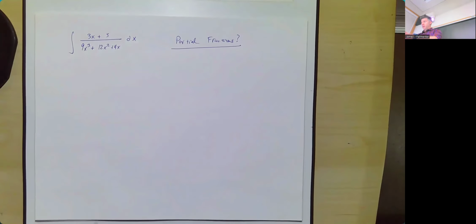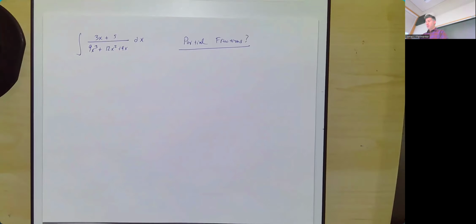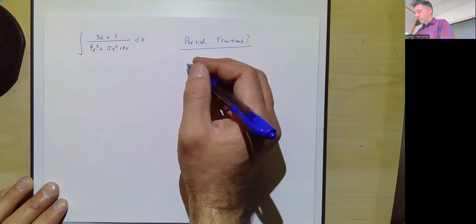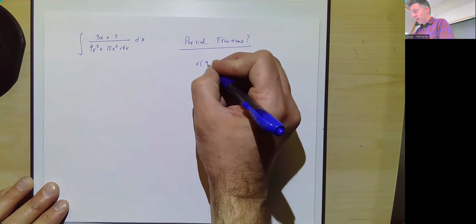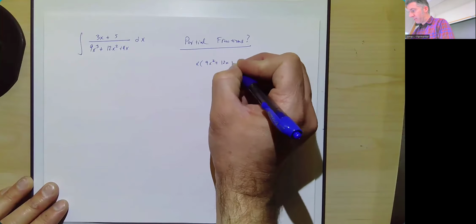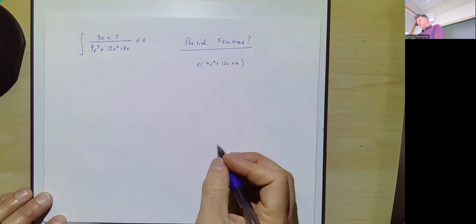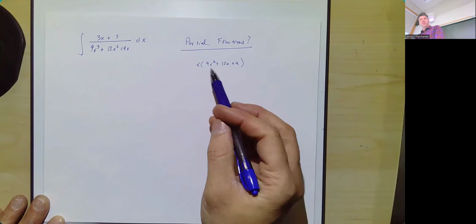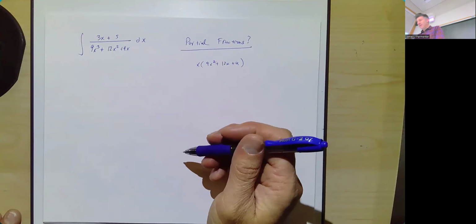I can certainly see that my degree on top is less than the degree on the bottom. I can also see that it's a rational function, but does the denominator factor? Well, I think so. Let's see. I can factor out an x, and I'm left with x times 9x squared plus 12x plus 4. And assuming I've done this right, does this part factor here? Ugh, maybe.